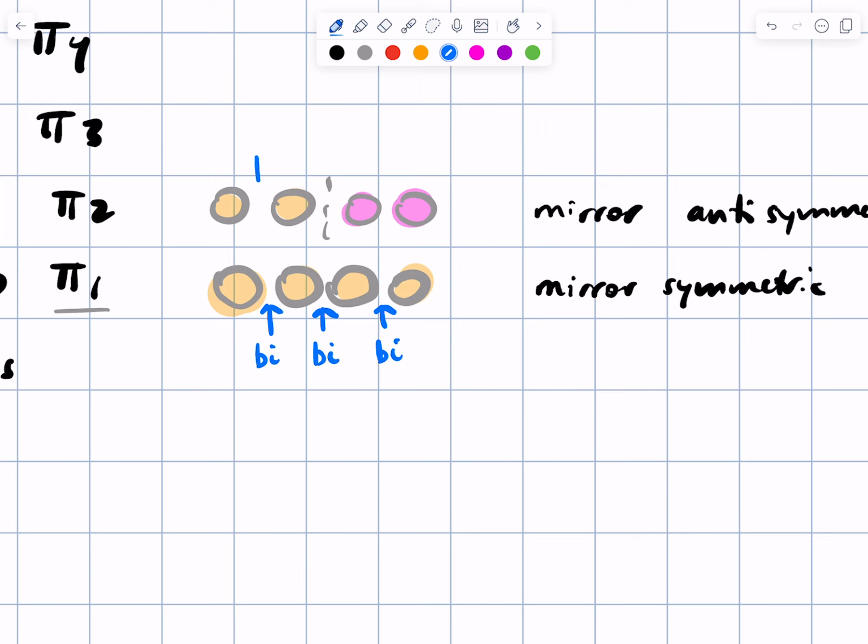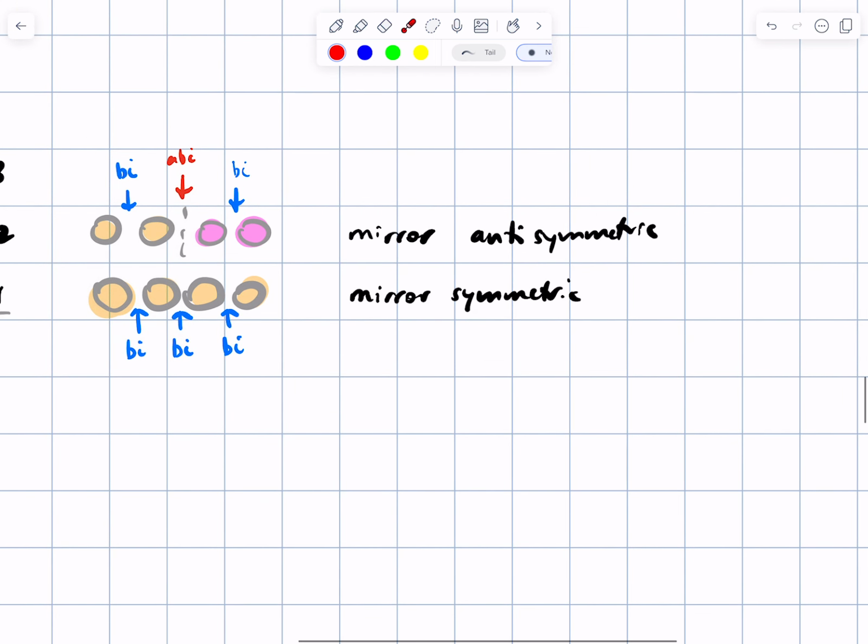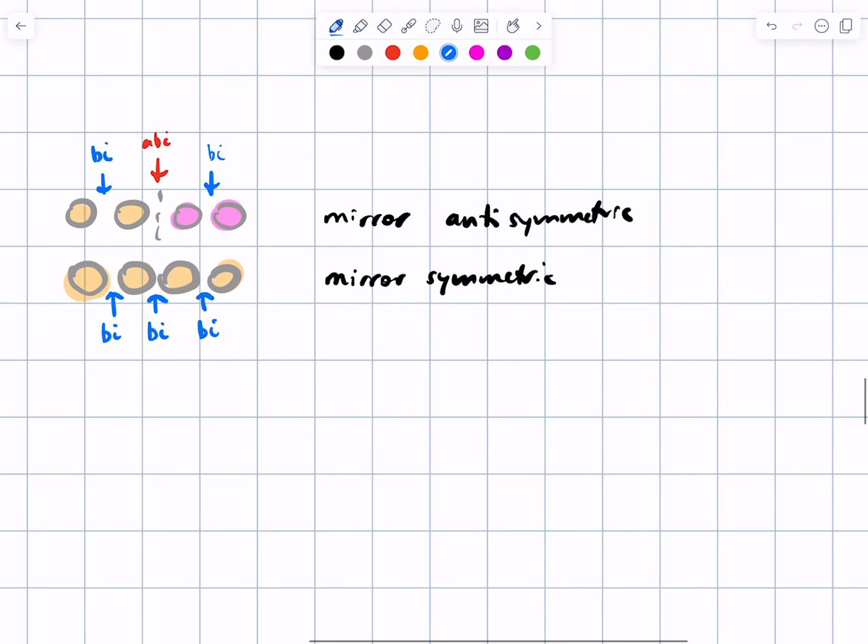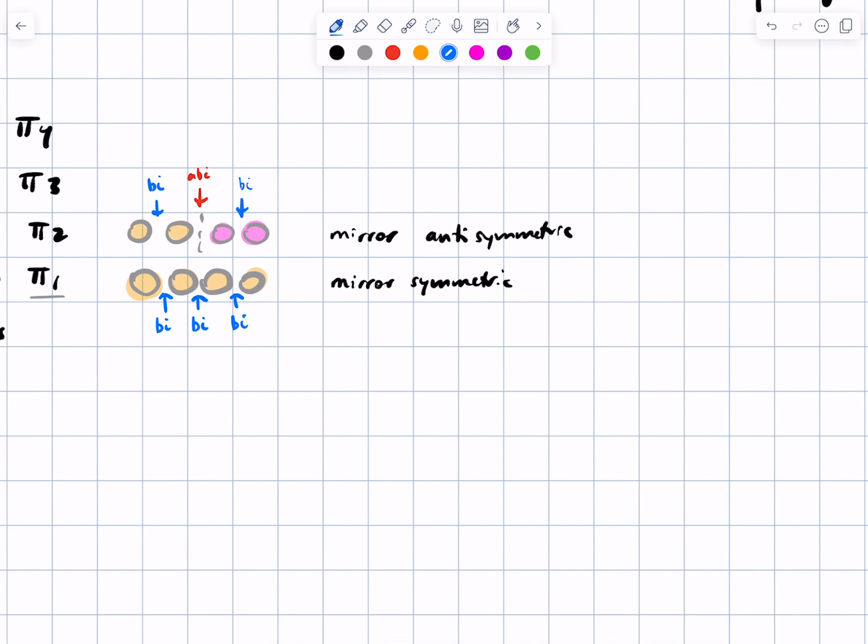When the wave function sign is opposite, we call that an anti-bonding interaction. And so if an orbital has more bonding interactions than anti-bonding interactions, it is a bonding orbital, and you can rank orbitals in energy based on how many bonding interactions they have.